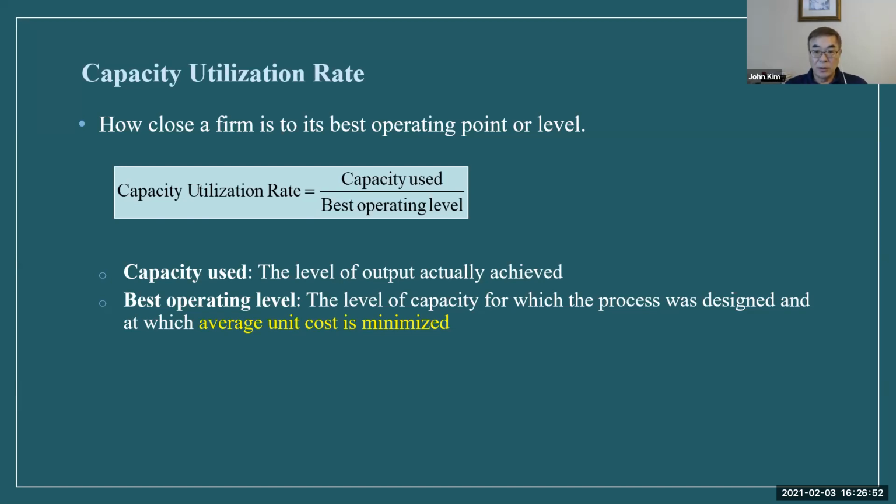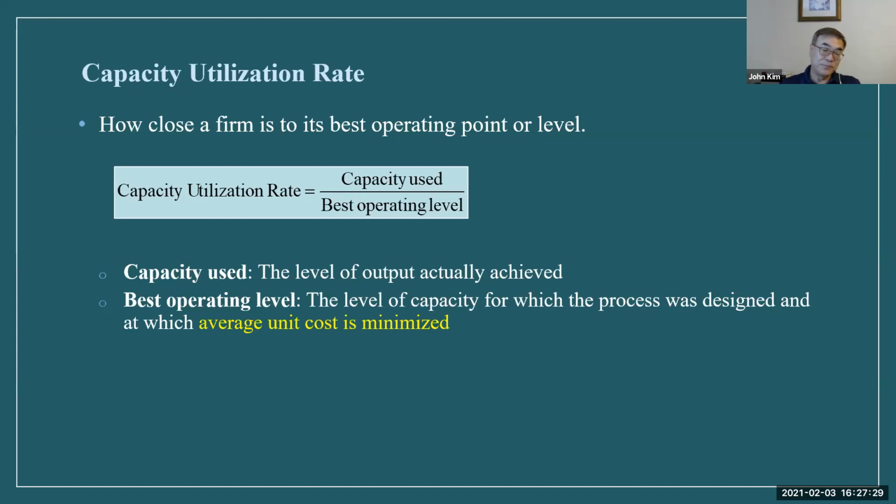You know, I like to play golf. Who plays golf? Anybody? Yeah, Lucas. When we have a lesson, hitting the ball, they usually say don't use maximum power, use 80% of your power. So playing golf, hitting the ball, the best operating level is 80%.